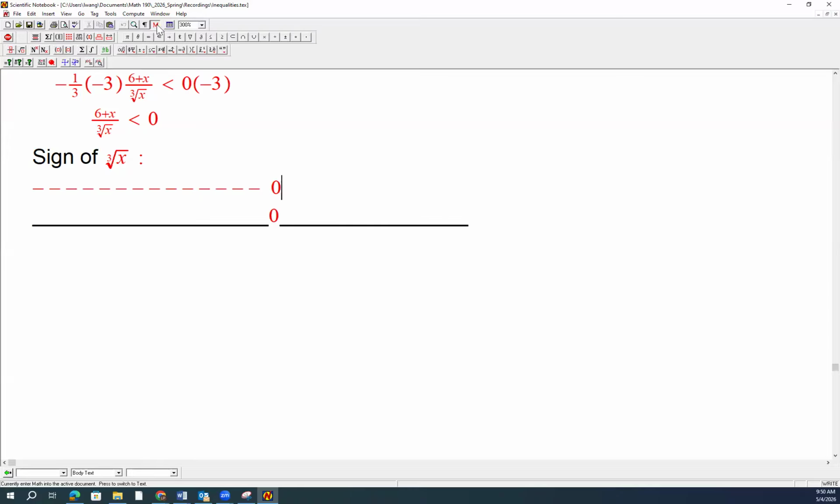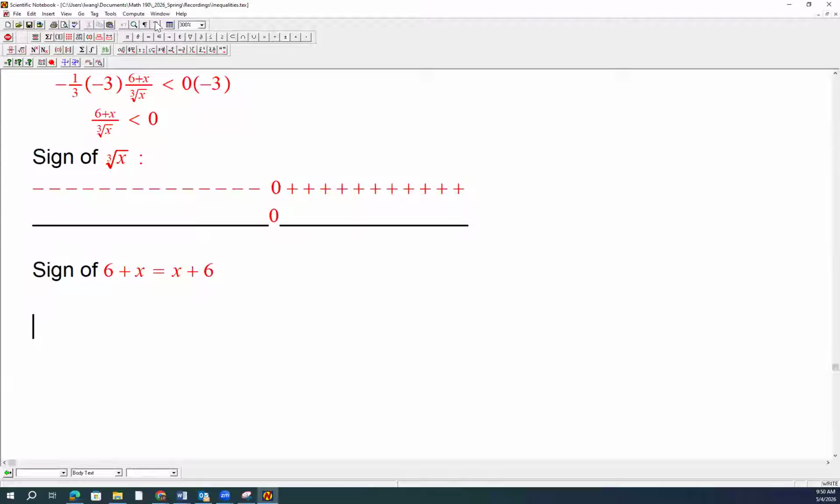Okay, so when x is positive, cubic root of x is positive. And then we look at the sign of 6 plus x, or x plus 6. Okay, they're the same thing, it doesn't matter.